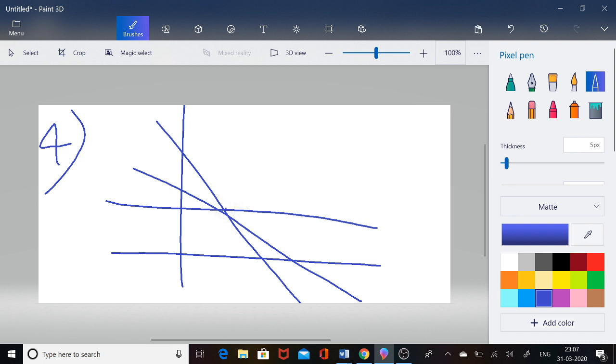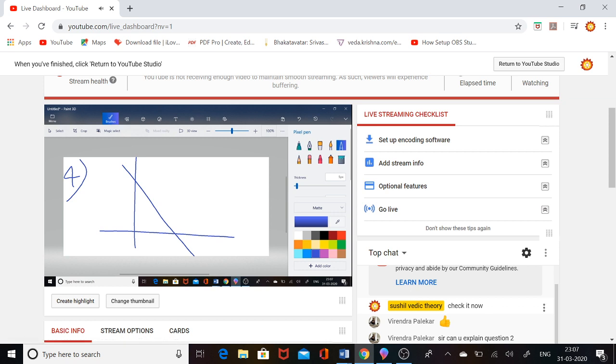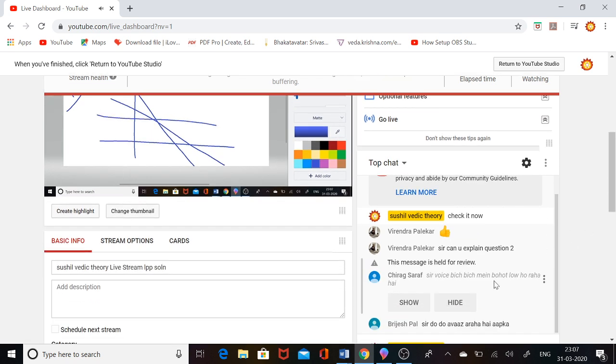Which is the point we will be getting as you need to plot this graph.